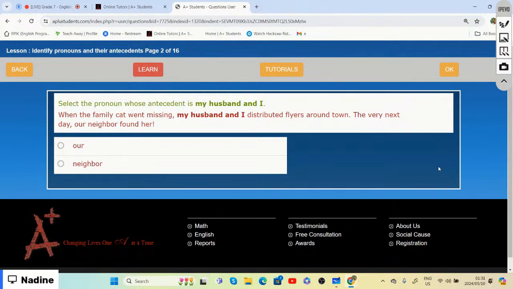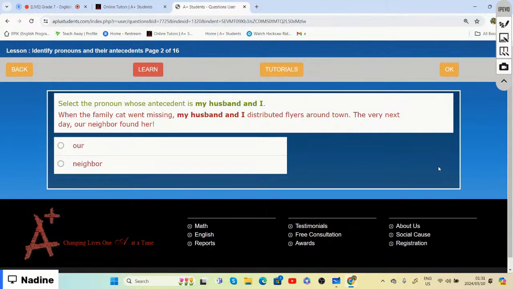We now need to select the pronoun whose antecedent is my husband and I. When the family cat went missing, my husband and I distributed flyers around town. The very next day, our neighbor found her. So our pronoun, is it our or is it neighbor?